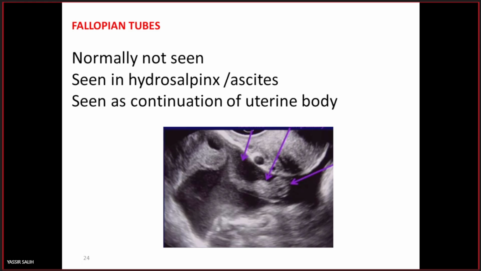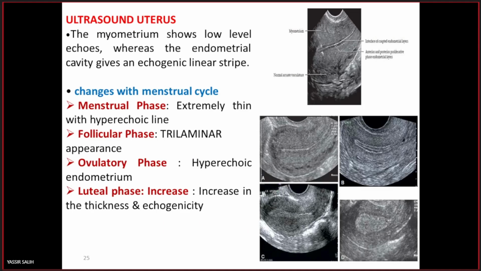Also, it may be seen if there is ascites, free fluid, and you can see the fallopian tube floating in this fluid. And as you know, this fallopian tube is connected to the uterus. The normal fallopian tube is not seen, and it may be seen in case of hydrosalpinx or ascites.